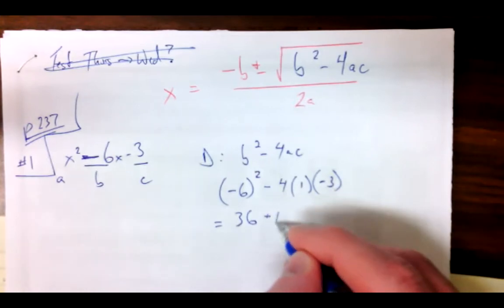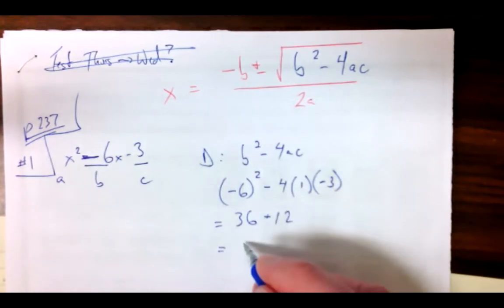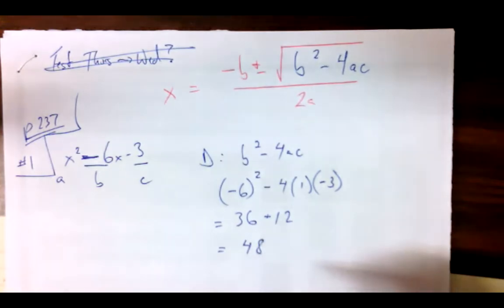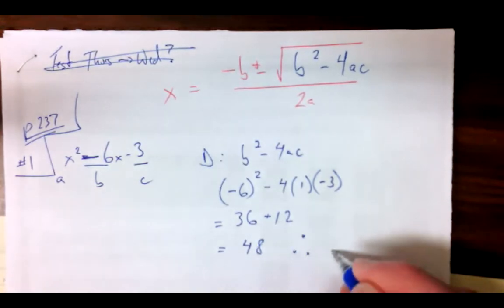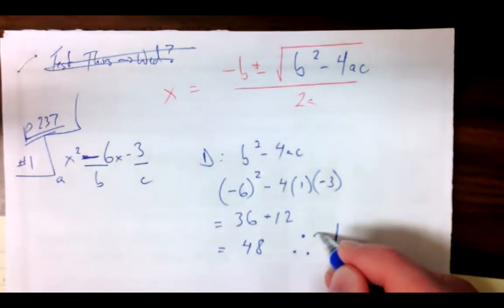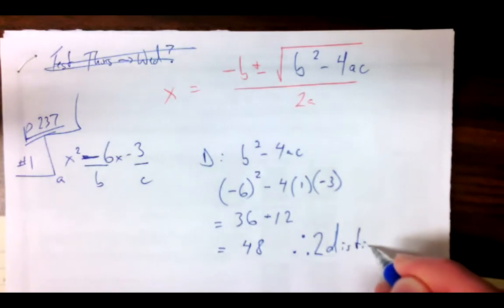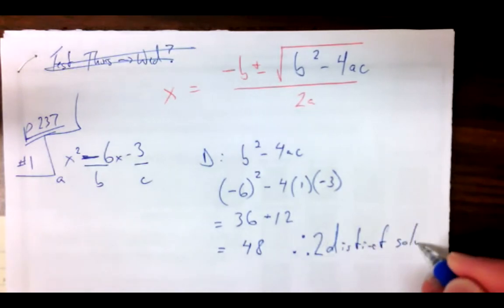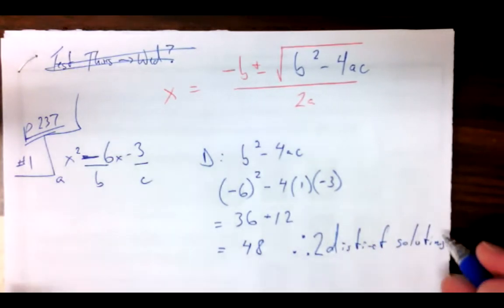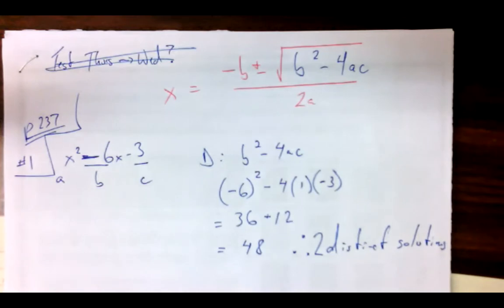It's 2 negatives, so it's plus 12. 36 plus 12 equals 48. Therefore, two distinct solutions, distinct, different, whatever word you want to use. That's all there is to it so far.